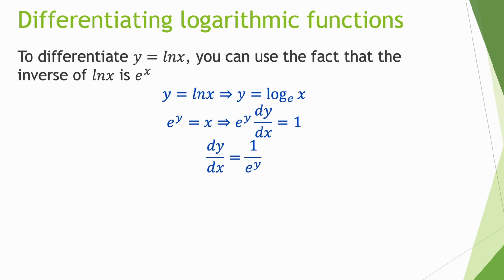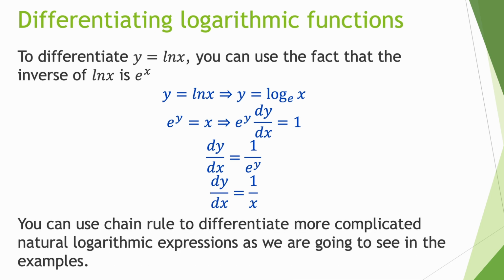If we divide through by e to power y, we have dy by dx is equal to 1 out of e to power y. But remember, e to power y is equal to x. Therefore, dy by dx is 1 out of x. So when you differentiate ln of x, you get 1 out of x.